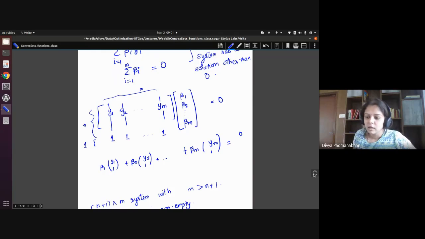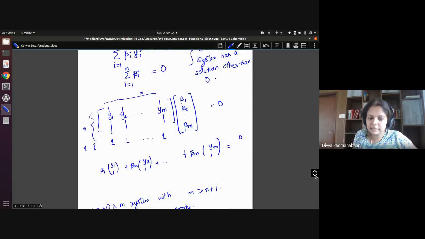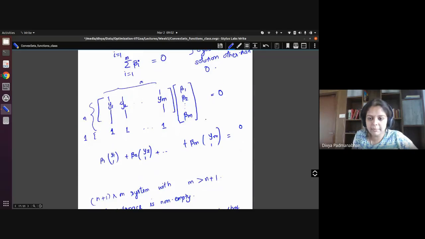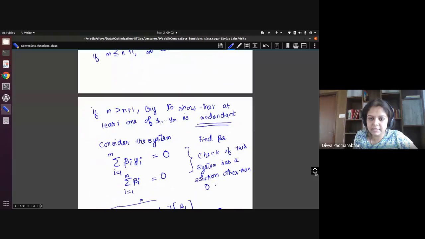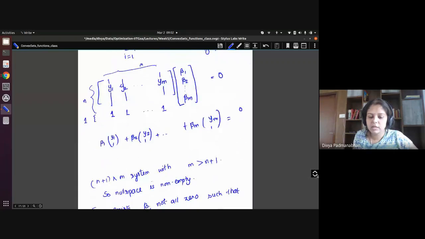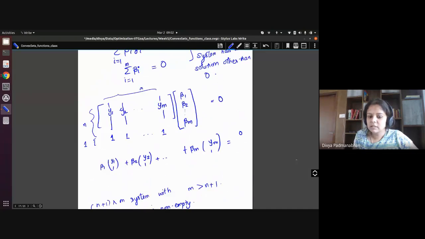Okay, so basically what you have here is n plus 1 rows and m columns. We assume that m is greater than n plus 1, so that means it's a wide system. There are many more columns, and so definitely there has to be a null space here.